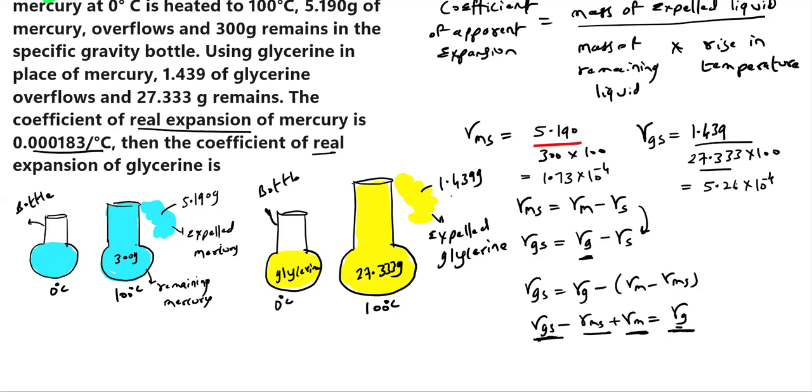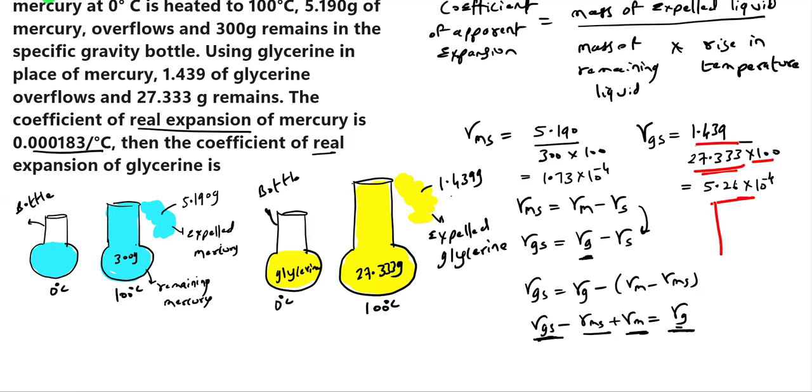Now 5.190 by 300 into 100, so we'll get this much. Apparent expansion of glycerin with respect to specific gravity bottle, solving, we end up with this much here. 1.439 by 27.33 into 100 will end up with this.